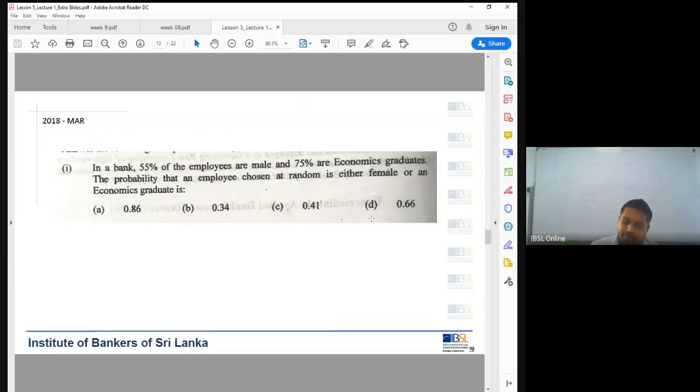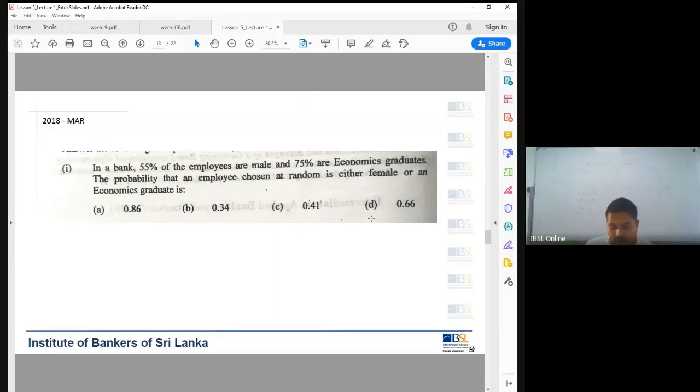Isn't that so? Just try to calculate it. That means 0.55 times 0.75 should give me approximately 41.25% as the male economic graduates. Can we take male non-economic graduates? We can't. Why? It should be either female or an economic graduate.